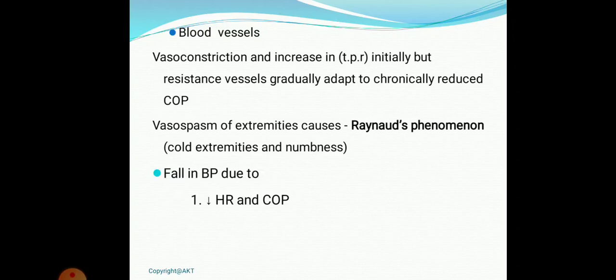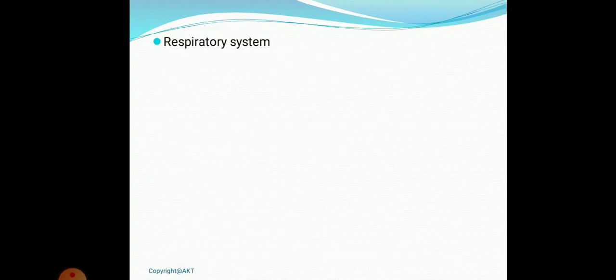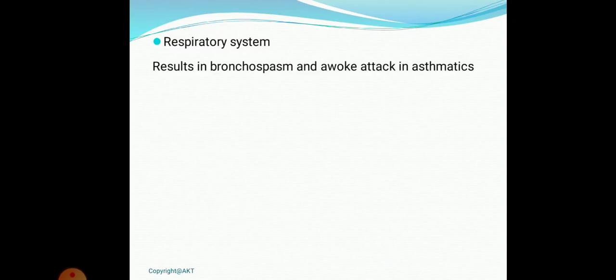The fall in blood pressure due to beta blockers is mainly due to decrease in heart rate and cardiac output, reduced release of noradrenaline, and due to decreased renin release from the kidney. Effect on respiratory system, it produces bronchospasm and it can be dangerous in patients with a history of asthma, so should be avoided.